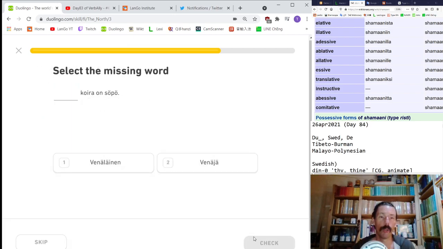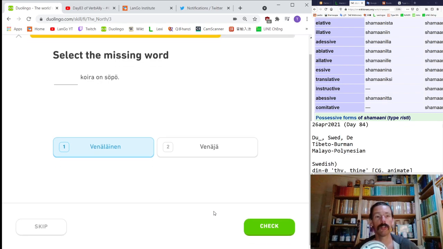Koira on söpö. Dog is cute, so it's going to be an adjective. Venäläinen. Koira on söpö. And note the vowel harmony. We have einen with what country names? Ruotsalainen, Islantilainen. But here leinen at the end with an a front vowel. Venäläinen.